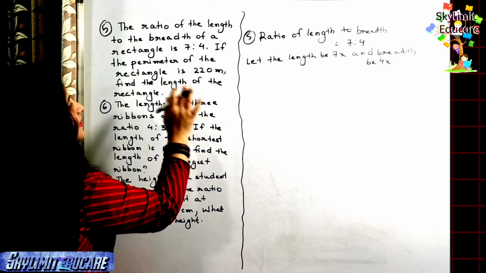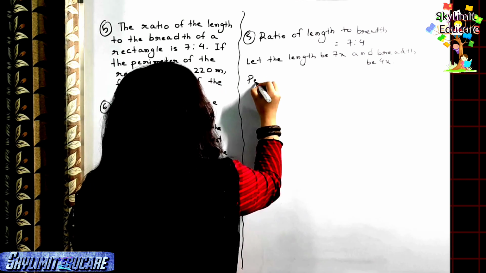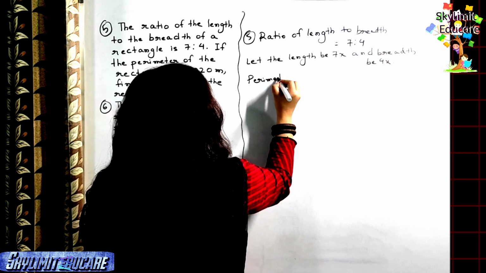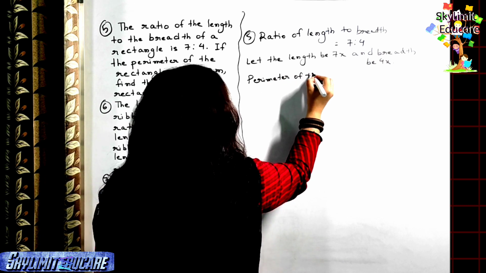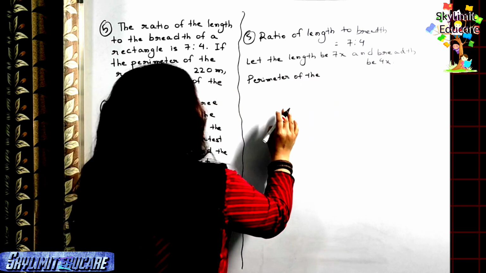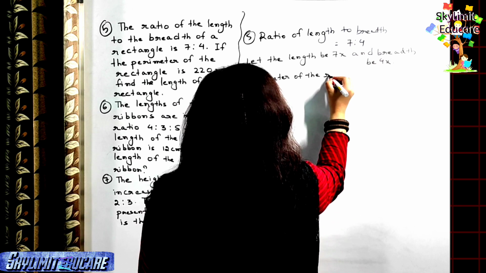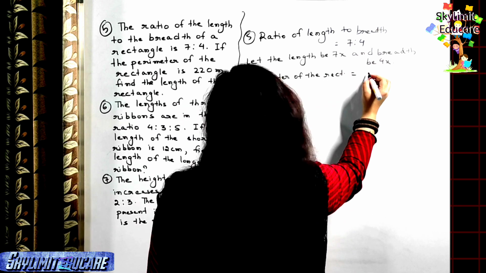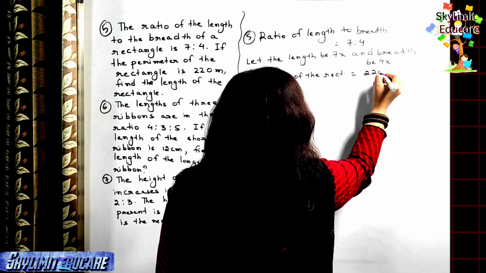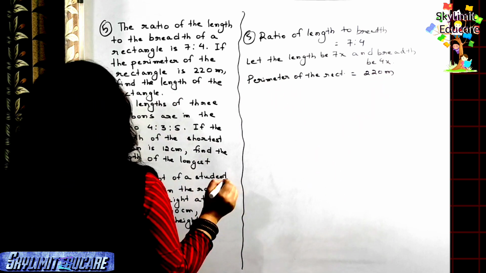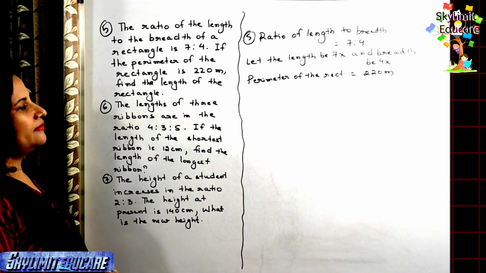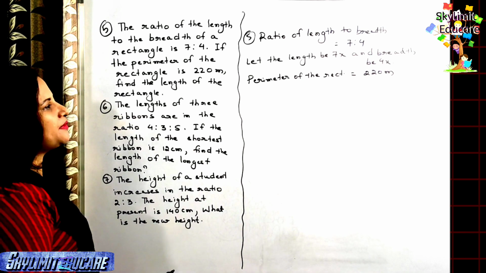The perimeter of the rectangle. By now you are clear with area and perimeter of the rectangle. You know it's 2 into L plus B. Perimeter of the rectangle is 220 meter. And you are supposed to find out the length of the rectangle, right? So we can find both length and breadth as well here.